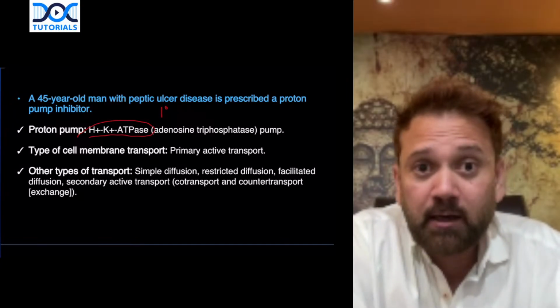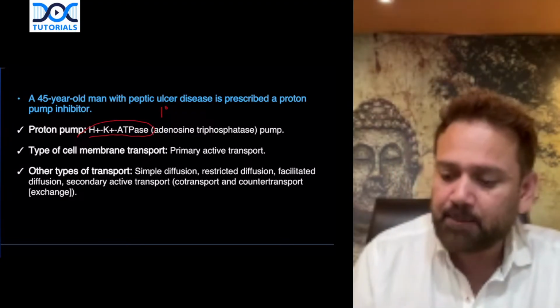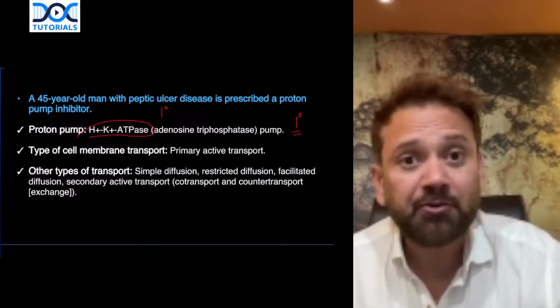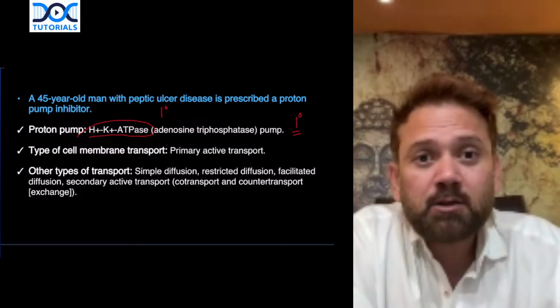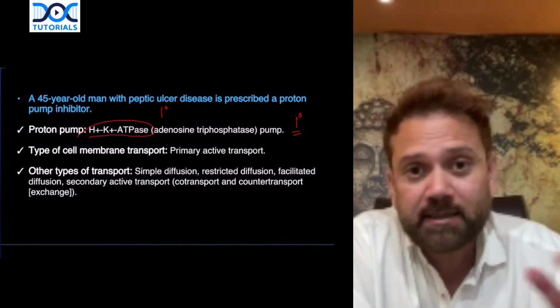So the proton potassium ATPase pump is an example of a primary active transporter. It is not secondary active. Secondary active is like the sodium glucose transporter, sodium amino acid transporter, sodium calcium exchanger.